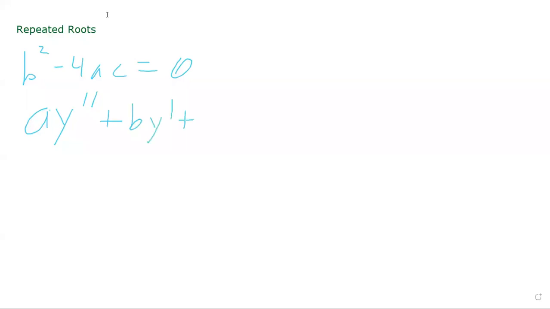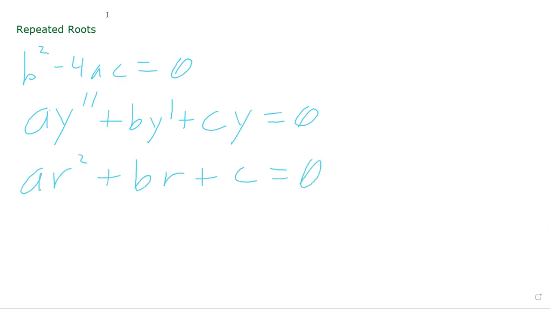When we solve our characteristic equation and do our discriminant, it's going to equal 0. So if we have this, we can make our characteristic equation. And then we use our quadratic formula.